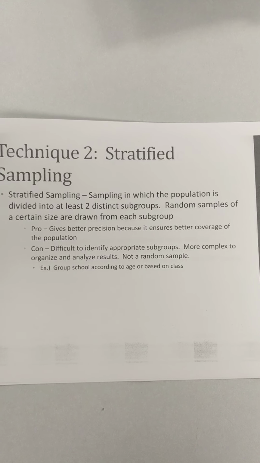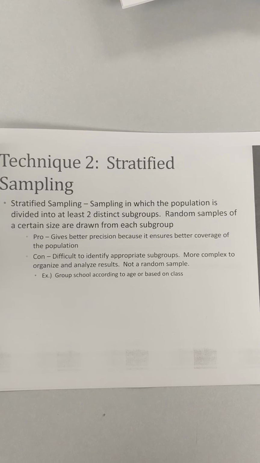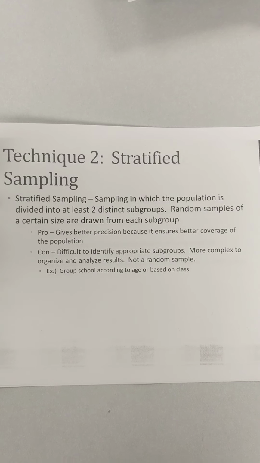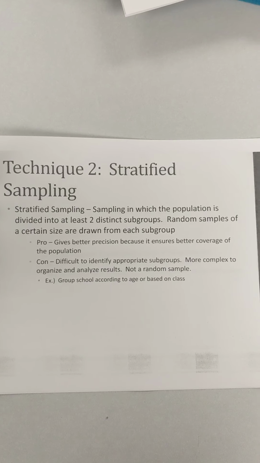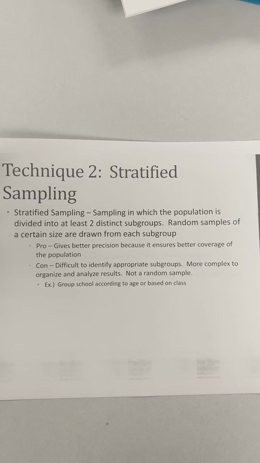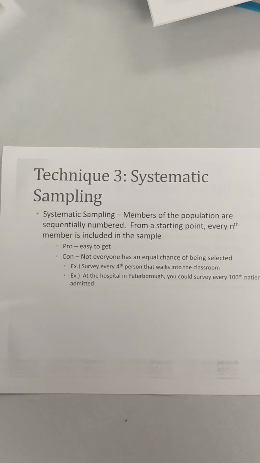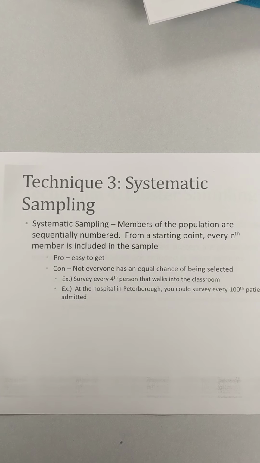And it's not truly a random sample because, say we talk about age groups, 14-year-olds, 15, 16, 17, 18-year-olds go into your groups, and then I randomly select from those groups. So you're getting rid of some of the randomness by having some restrictions.